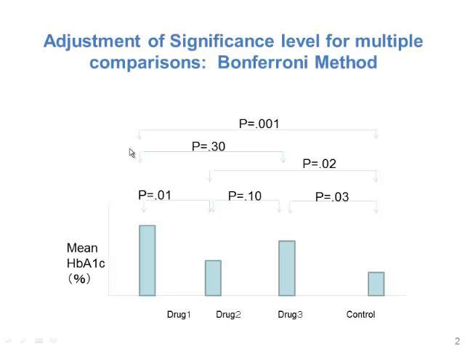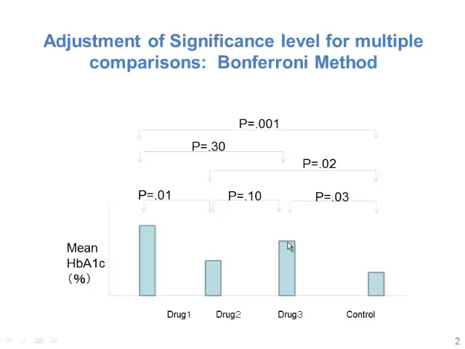This example shows a comparison of a continuous outcome variable. For example, I'm using HbA1c and comparing 4 groups. You have a control drug and 3 new drugs: drug 1, drug 2, and drug 3. You may compare drug 1 to control, drug 2 to control, drug 3 to control, drug 1 to drug 3, drug 1 to drug 2, and drug 2 to drug 3.